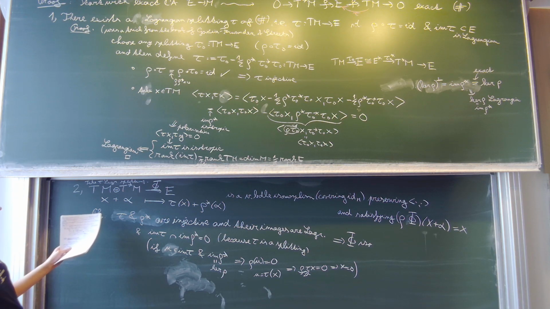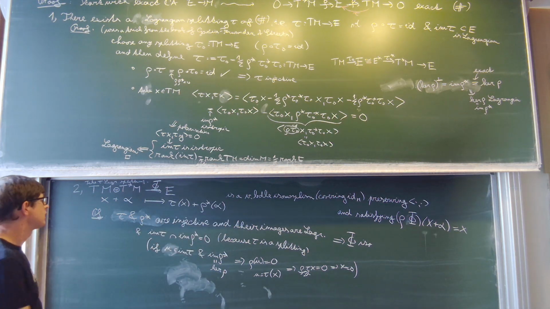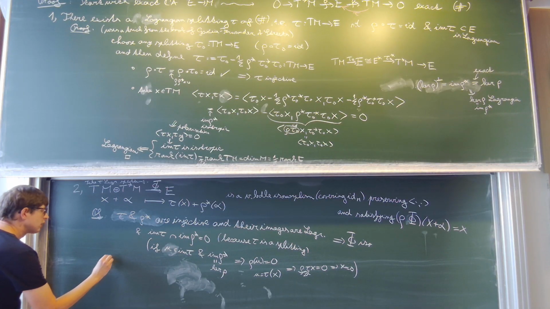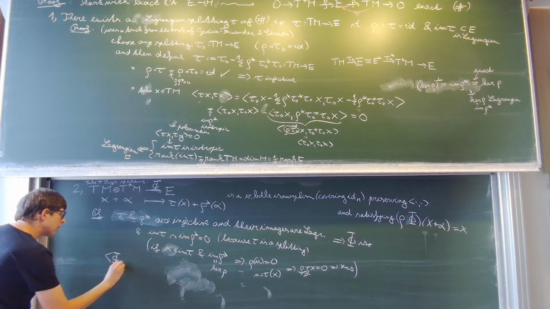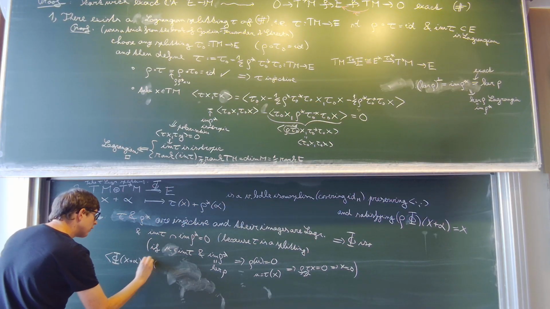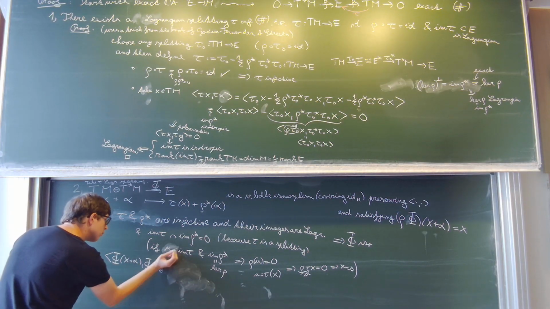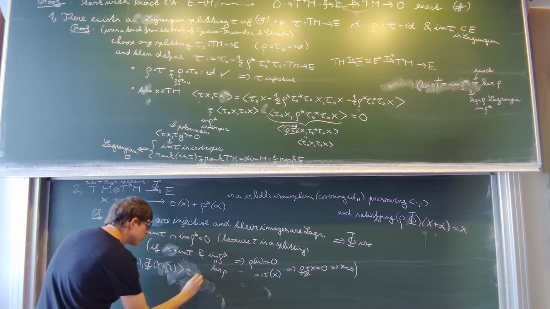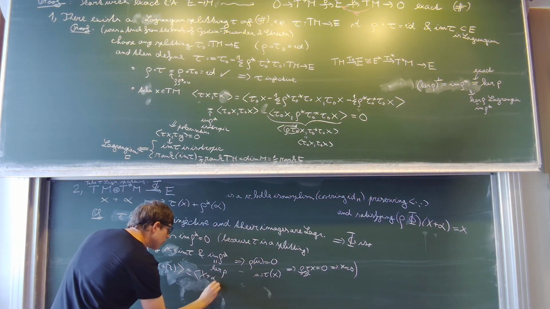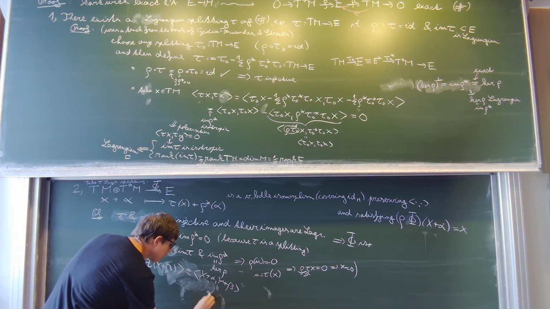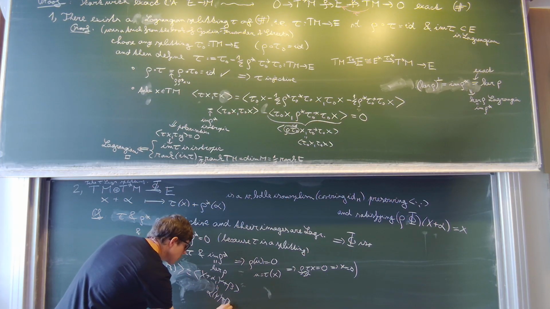And the fact that it preserves... let's see. What about the other two statements? The first statement says that it preserves the pairing. So if I do capital Phi on x plus alpha, capital Phi on y plus beta, this thing should be the same as the pairing of x plus alpha, y plus beta, which we know is just alpha y plus beta x.